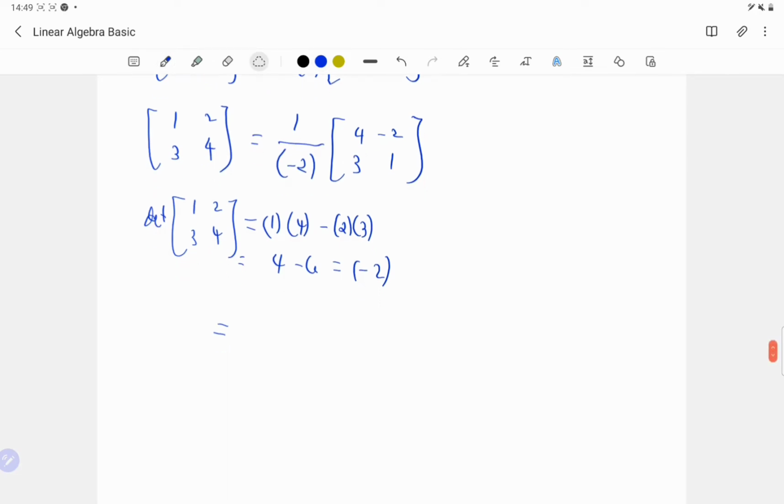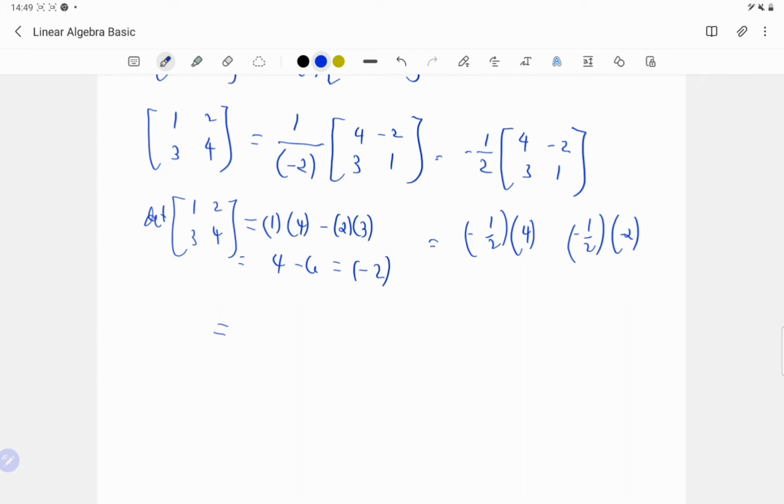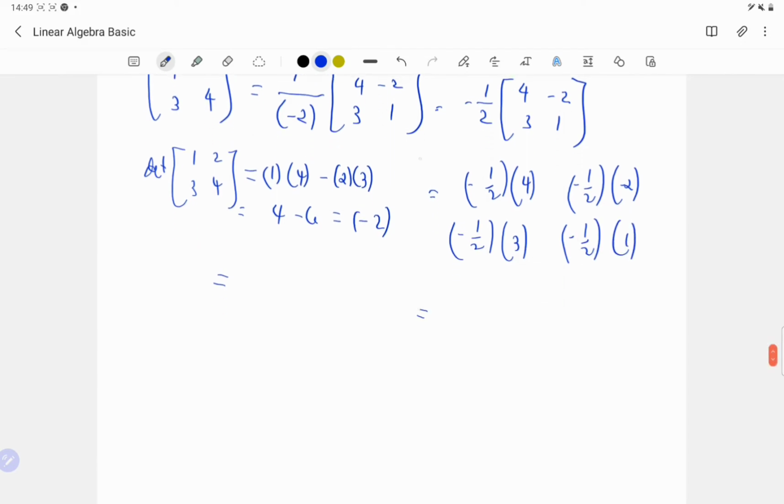Let's multiply. So we will not get confused, -1/2 times the matrix 4, -2, -3, 1. Let's do it together. -1/2 times 4, -1/2 times -2, -1/2 times -3, and -1/2 times 1. What's that?